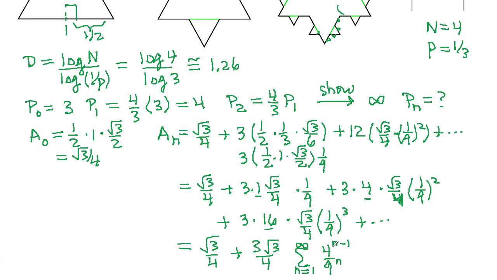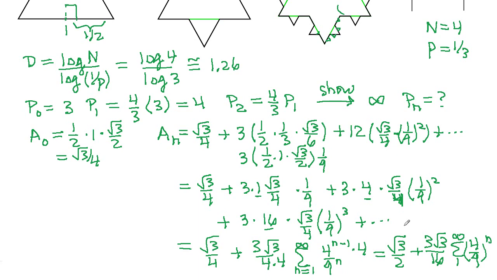And then we'd like these powers to match, so we'll multiply by another 4, and then multiply by another 4 out here. So now you've got 3 root 3 over 16. This will be root 3 over 2, and then you've got 3 root 3 over 16, and you're summing up 4/9 to the n from 1 to infinity, because you've got 4 to the n here and 9 to the n there.